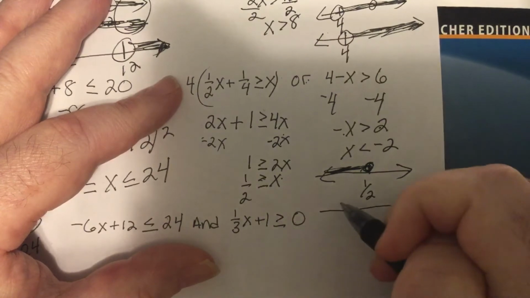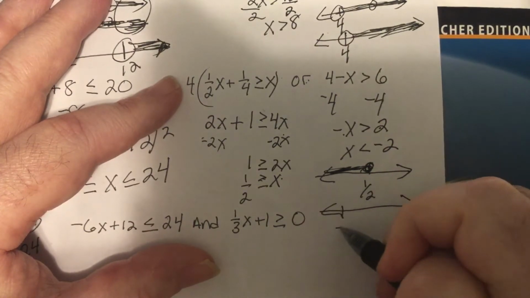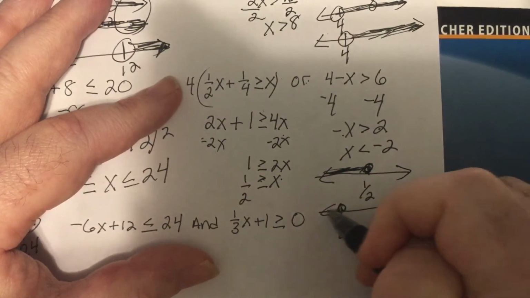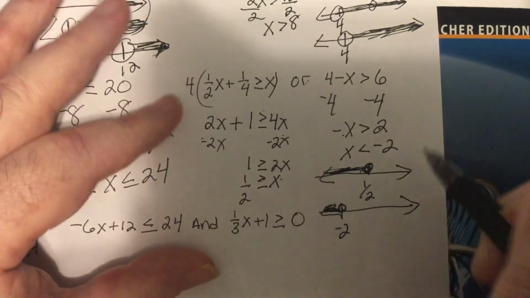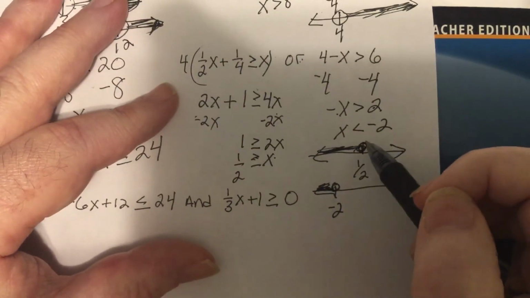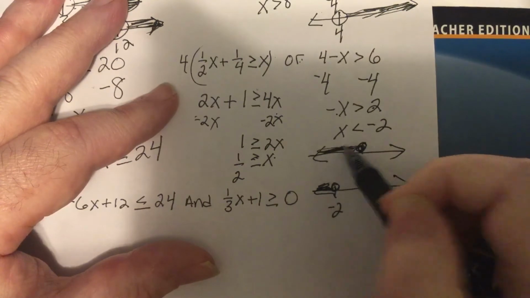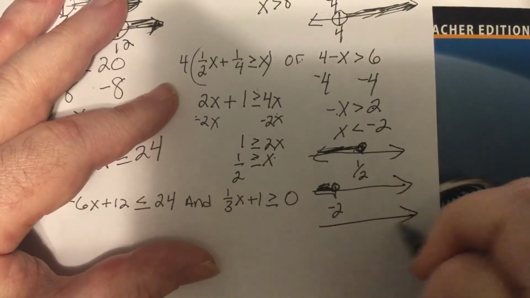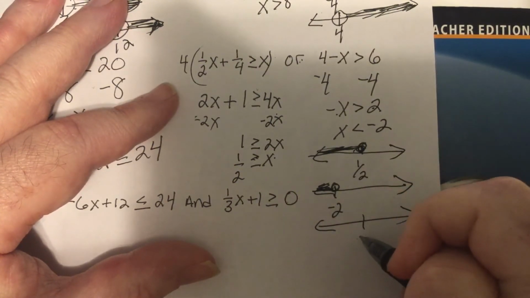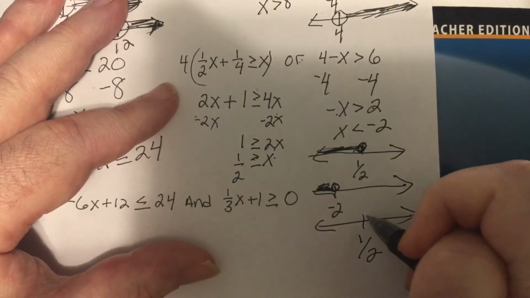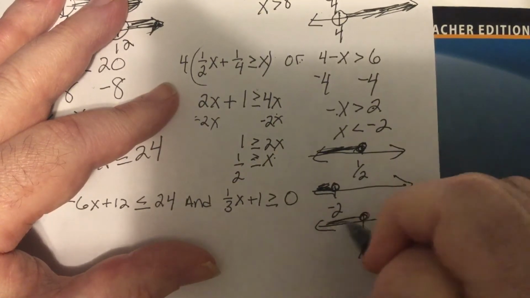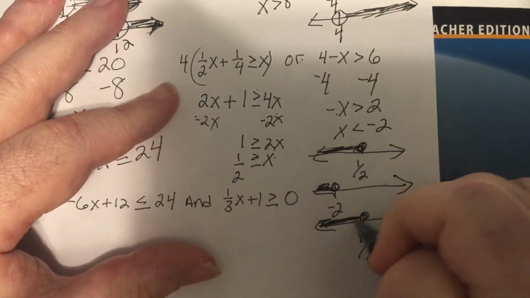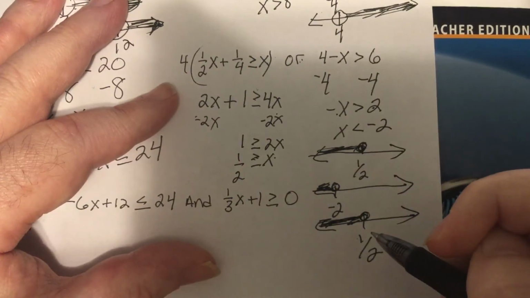Here's less than negative 2. Now, or says as long as it's shaded, bring it down. So this is the dominant one. It takes care of the other one. So the answer is less than or equal to a half.